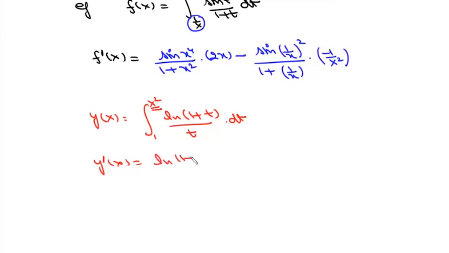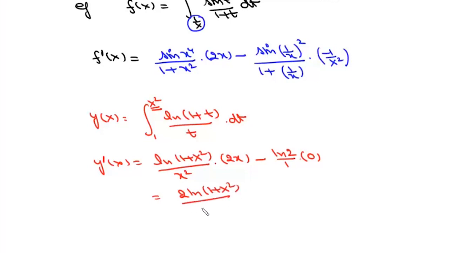So it'll be log of 1 plus x square upon x square into the derivative of the upper limit, and the derivative of the upper limit is 2x, minus, and if we put 1, it'll be log 2 upon 1, and then the derivative of a constant is simply 0. So the derivative of this function will be 2 log of 1 plus x square upon x.